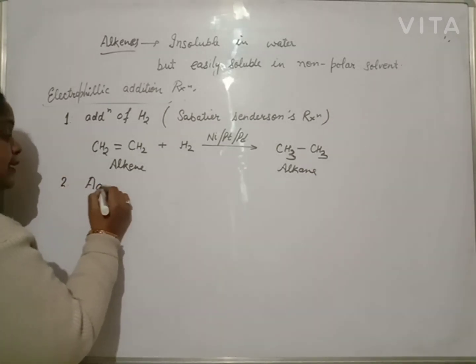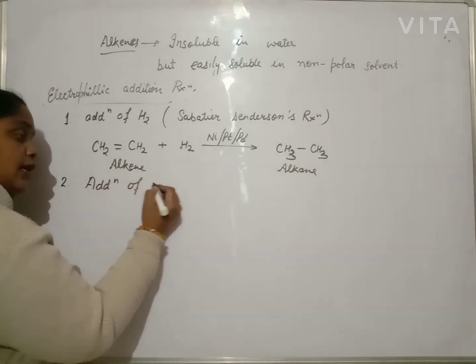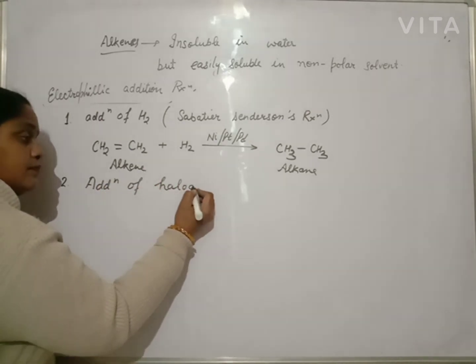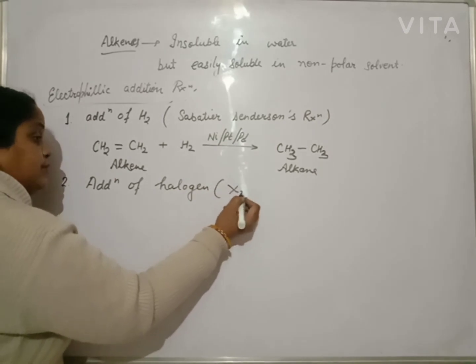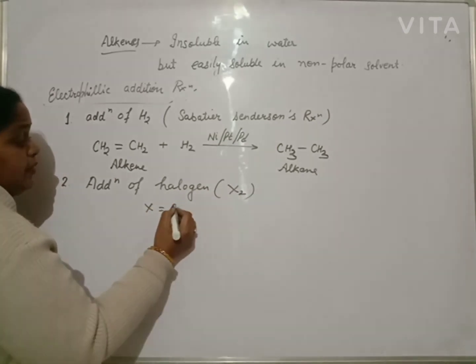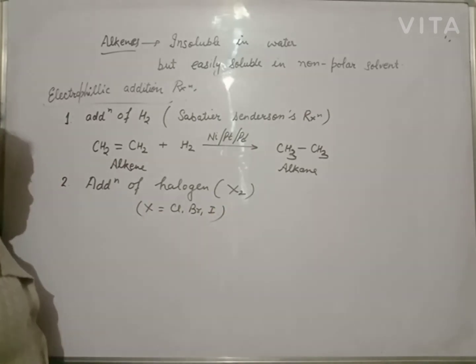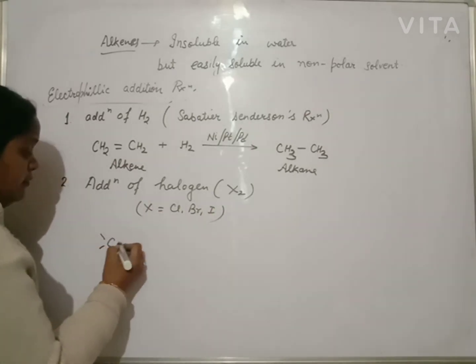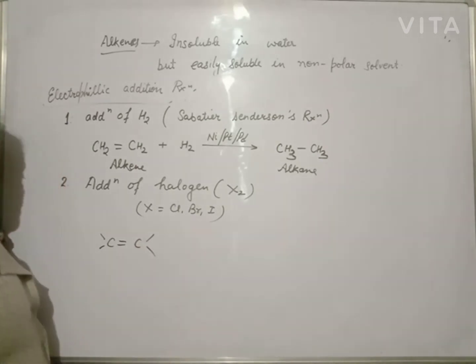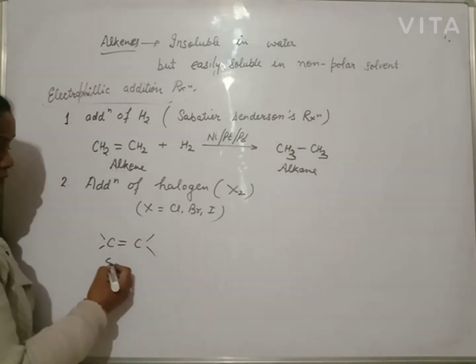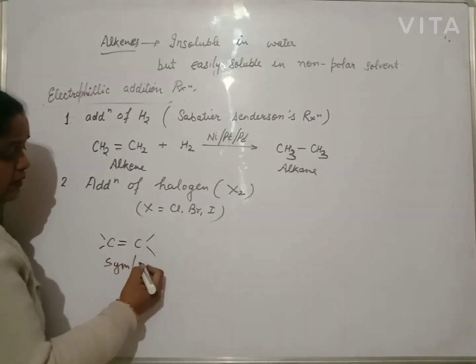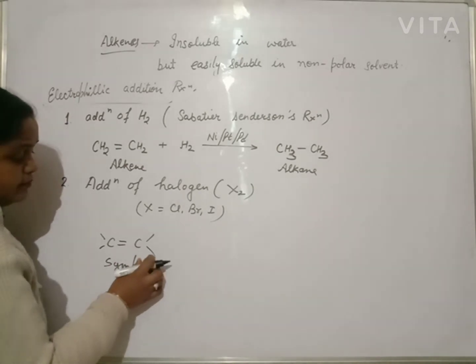Second, beta, addition of halogen, that is X2. This X may be chlorine, bromine, or iodine. Clear? We have an alkene, either symmetrical or unsymmetrical, it does not matter.